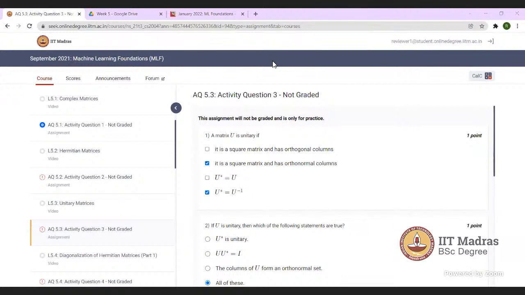Do you think the first option is correct? No, sir, it should be orthonormal, not orthogonal. Okay, orthonormal is a special case of orthogonal. And what's the difference? The norm has to be one, not more than one. Yeah. Okay.